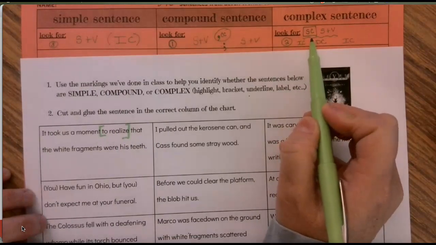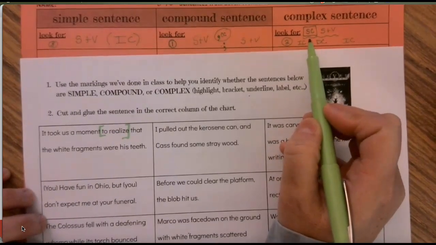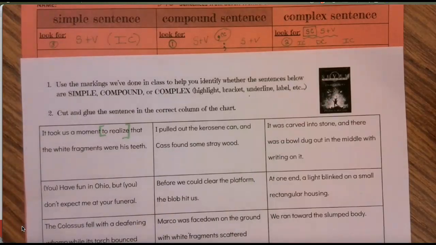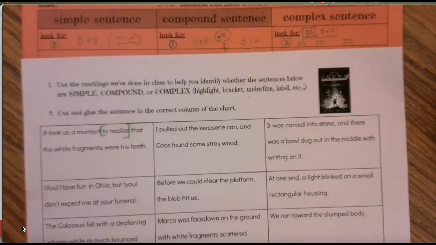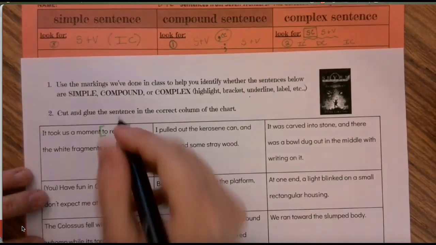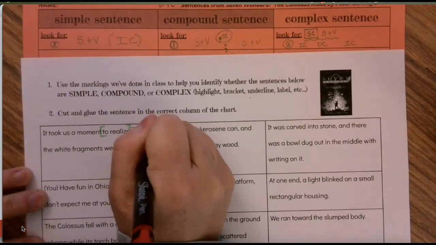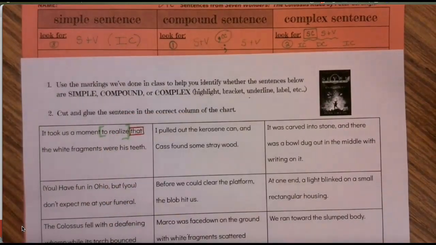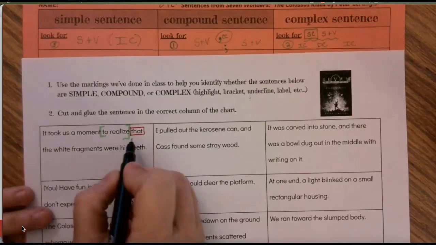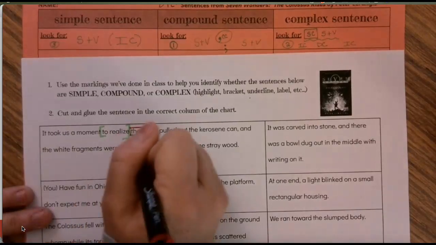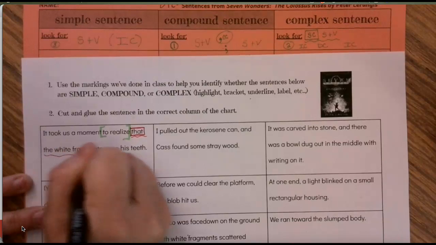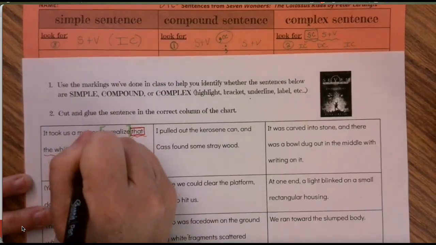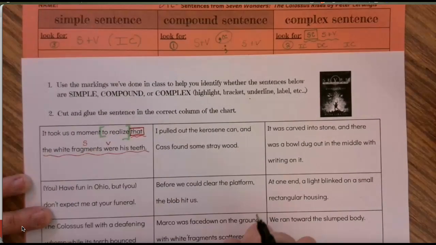Now you may need to open up your notebook to the page that has your subordinating conjunctions on it if you don't know your subordinating conjunctions by heart, which I'm thinking you don't. But I know right away I can recognize that that is a subordinating conjunction. In order to be a subordinating conjunction, though, it's got to have a subject and a verb after it. That what? That the white fragments, that's my subject, were his teeth.